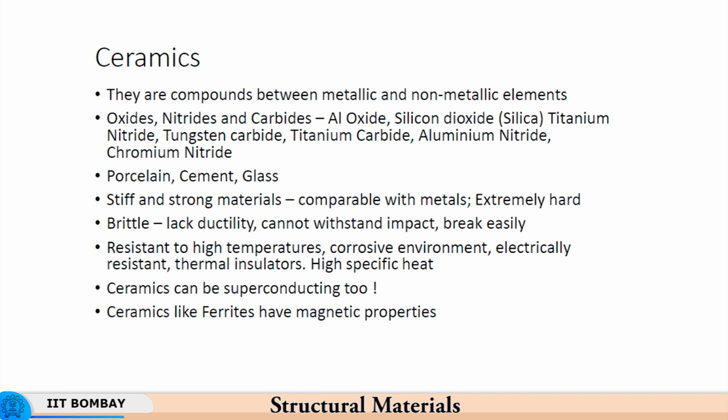You have these in grinding wheels and such tools. These are also used in single point cutting tools. You have, let's say, boron carbide and some such materials being used as hard materials for cutting tools. Porcelain, cement and glass are used for general purposes.